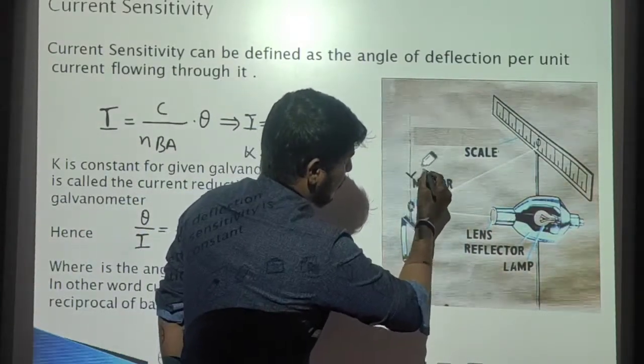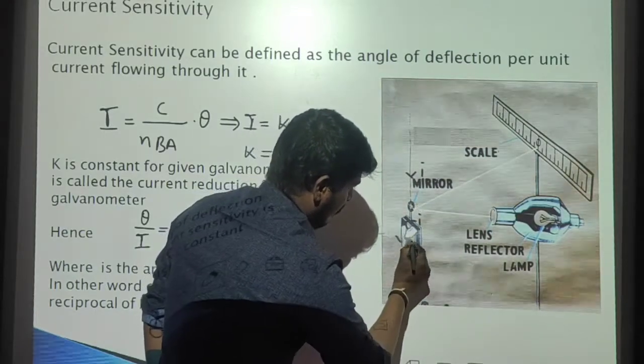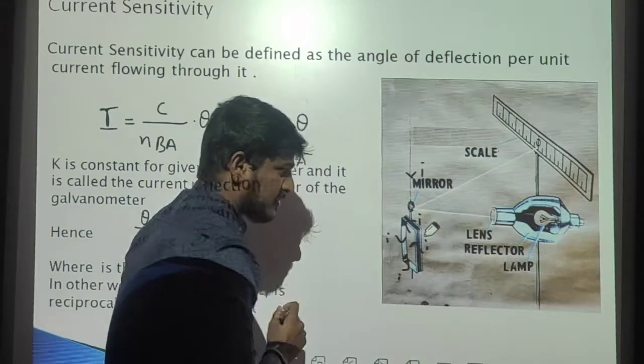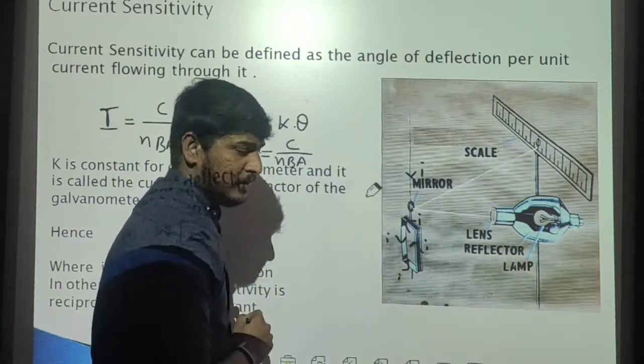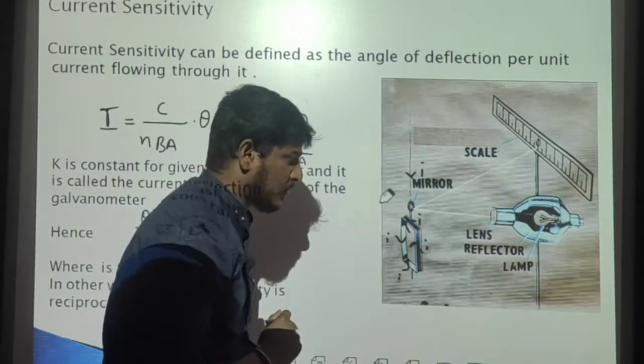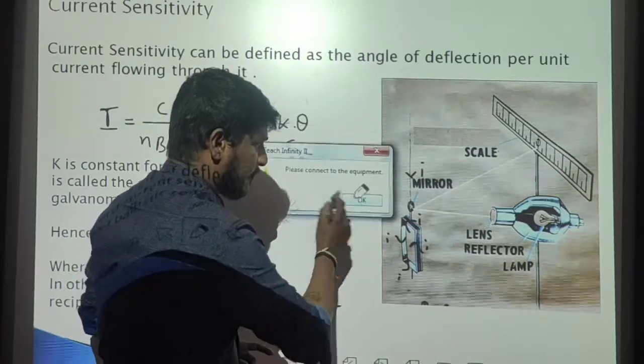Let us suppose a current I flows through this copper coil in the presence of a magnetic field. The coil is placed between two magnets, north and south pole, and these generate the magnetic field B.